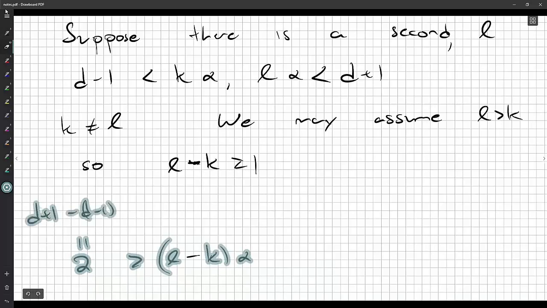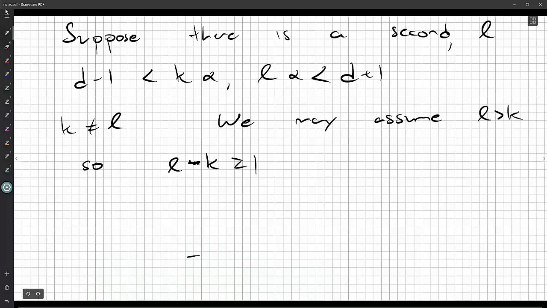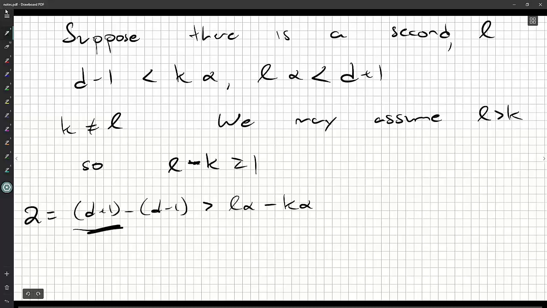I want to write this nicer. So 2, we'll write the 2 first. 2 is equal to d plus 1 minus d minus 1, the bounds of the interval, which needs to be greater than or equal to the bigger one in the interval minus the smaller one, because d plus 1 is as big as the biggest one could get, and d minus 1 is as small as the smallest one can get.